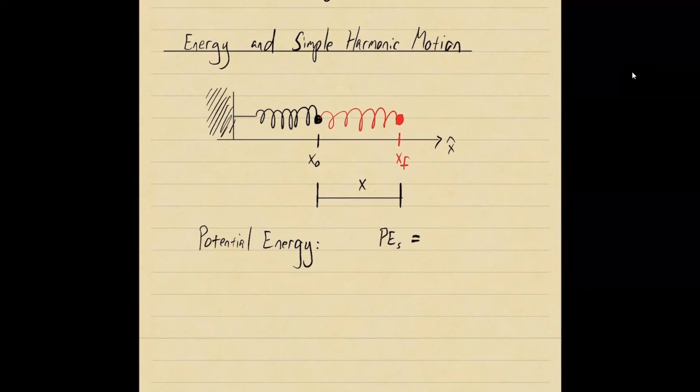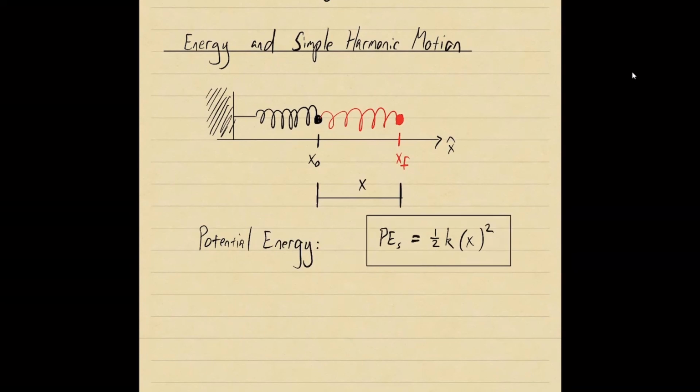The potential energy of this spring is 1/2 times the spring constant k times your displacement of the spring away from its equilibrium position, squared. So the more you stretch the spring, or the more you compress the spring, either or, the more potential energy you can store. This is going to have units of joules.